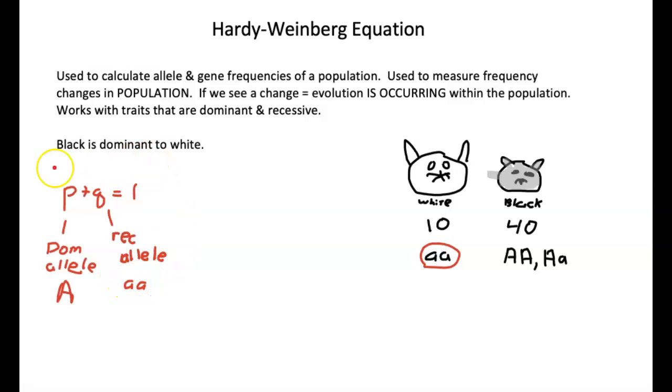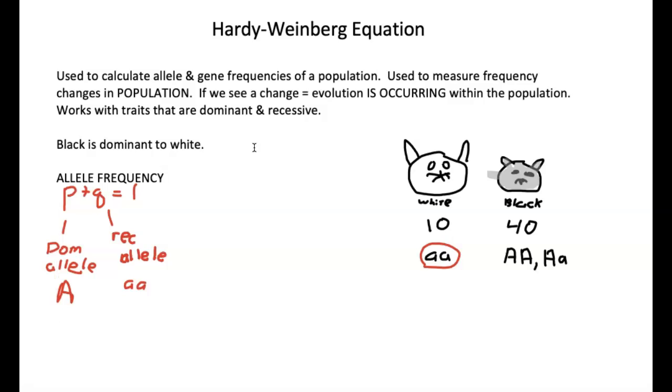All right, so that's one part. Now this part of the equation is what gives us, let me type it out so it's a lot cleaner. This gives us allele frequency, okay, which is important. We need to know that.